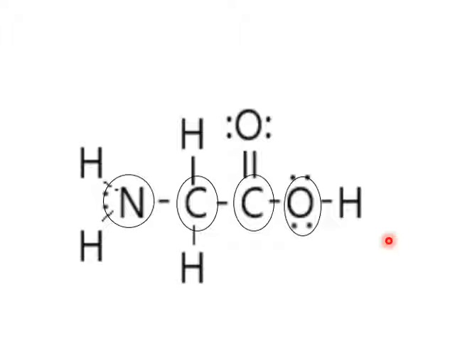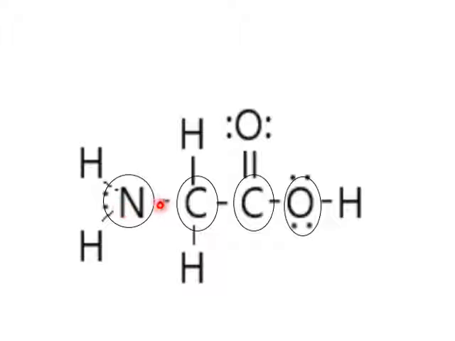Okay, so let's go over an example of what I expect you to know about it. On a test, what I'll probably do is give you a molecule like this, and let's go over the atoms first and see if each atom has the right number of bonds and lone pairs.